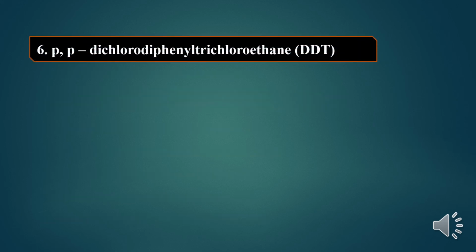The last one is DDT. DDT means dichlorodiphenyl trichloroethane. It is also called p,p'-DDT, para-dichlorodiphenyl trichloroethane. It is used as an insecticide.